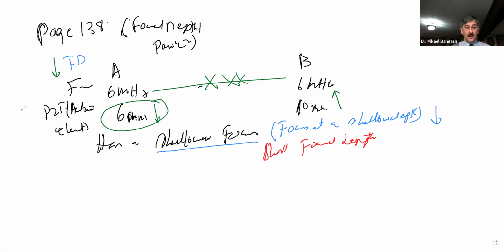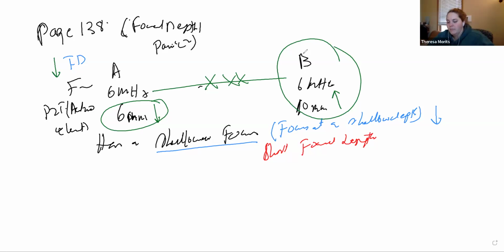Had they asked the other way and said which is going to focus at a greater depth or have a deeper focus, it would have been this one. Did that make sense? Yes, okay.